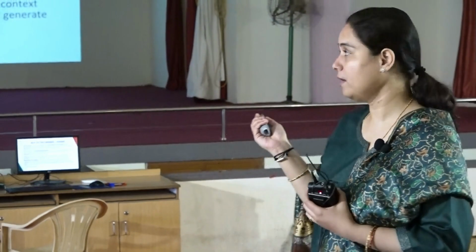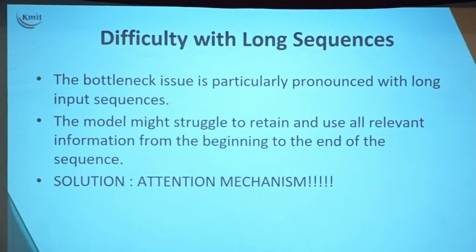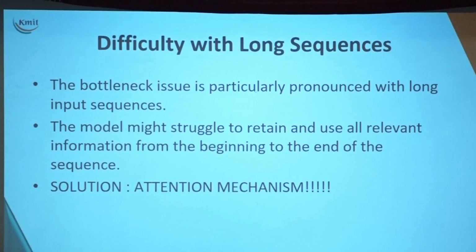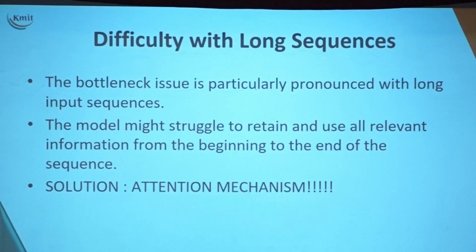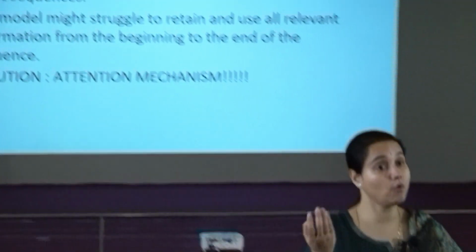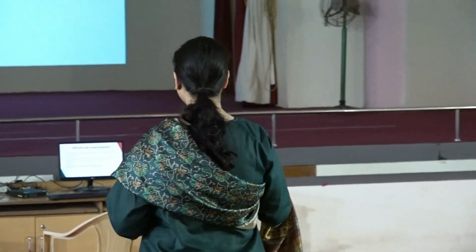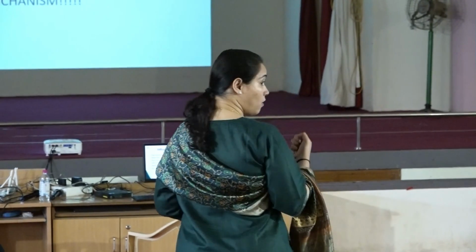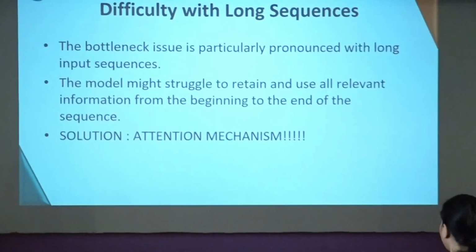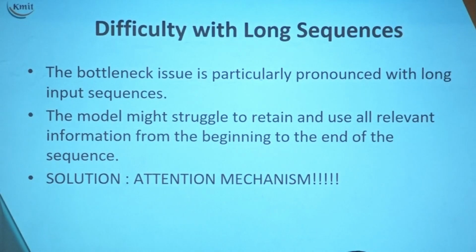All these issues were part of the sequence to sequence model. Difficulty with long sequences gives rise to the bottleneck issue, which is particularly pronounced with long input sequences. As your input increases, there will be more problems. The model will struggle to retain all the input sequence and then use all the relevant information from the beginning towards the end of the sequence.